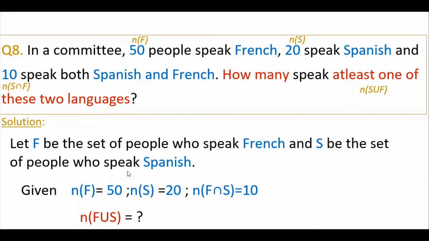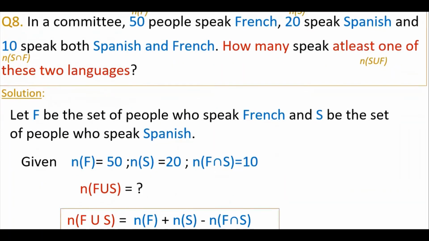And S be the set of people who speak Spanish. So N of S is equal to 20. And the number of people who speak both languages are 10. So N of F intersection S is equal to 10. And here you have to find how many speak at least one of these two languages. That means you have to find N of S union F.